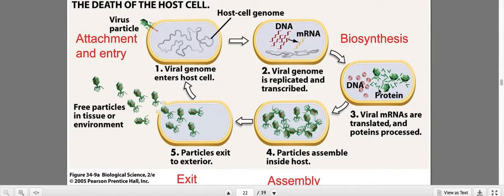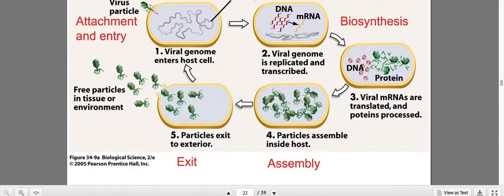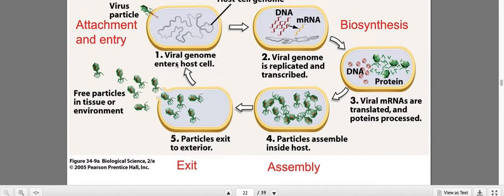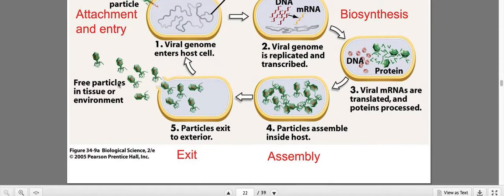You need to assemble them so they can get out together as a whole virus, right? So you started with one, you make copies of everything, and now you got them all assembled together. So now you just need to get out. So in here, they just burst out of the cell, leaving the cell destroyed. So you started with one, now you have tens, sometimes hundreds or thousands of them from one cell.